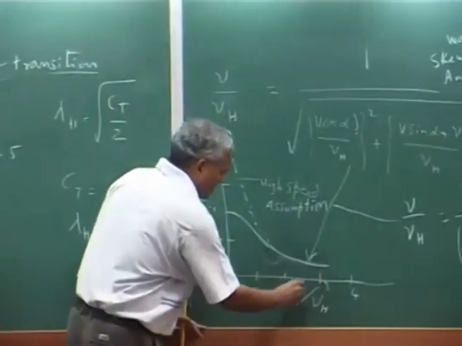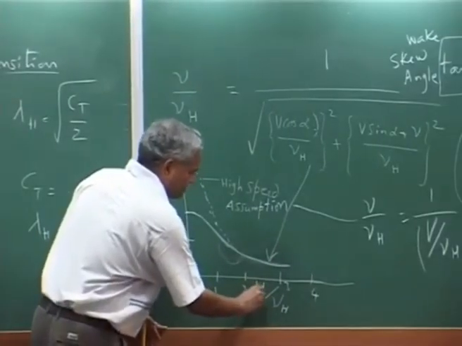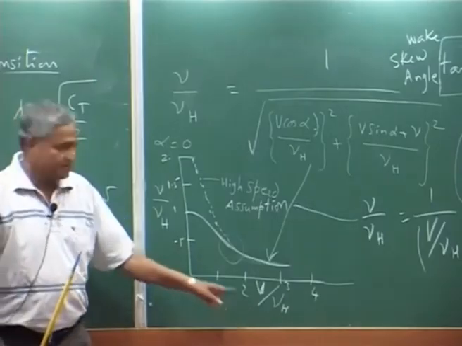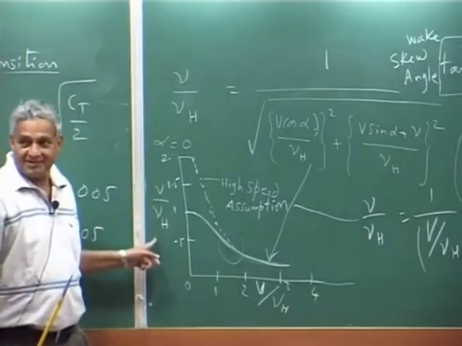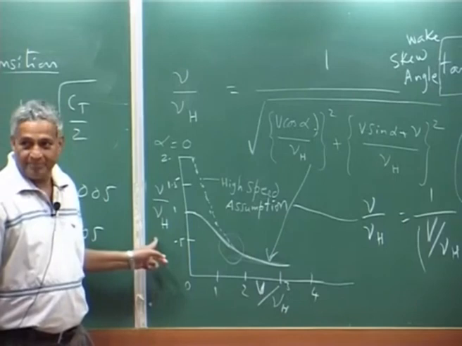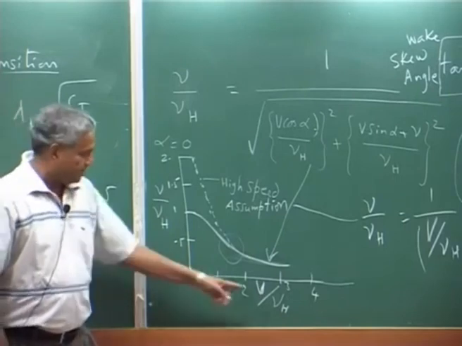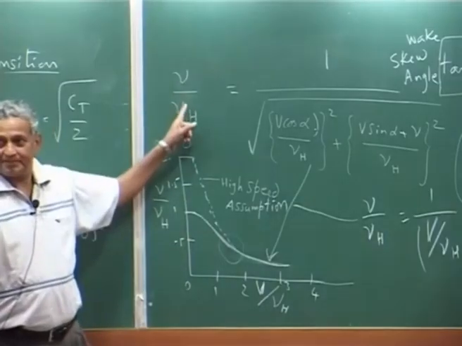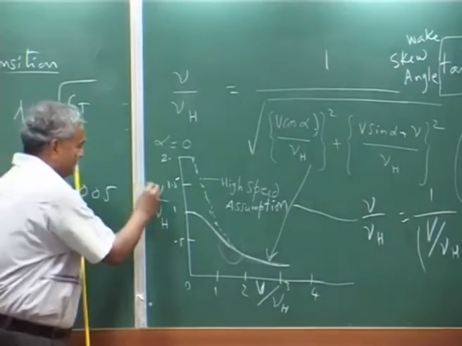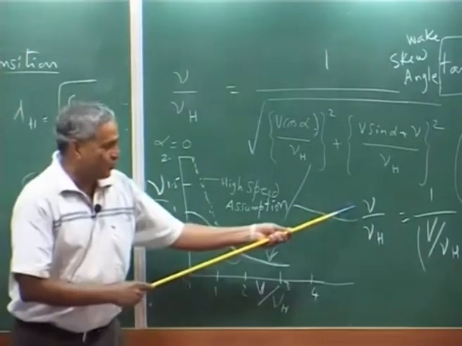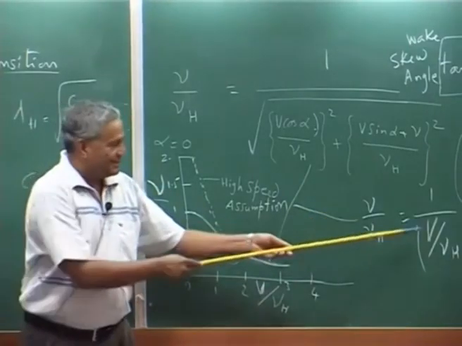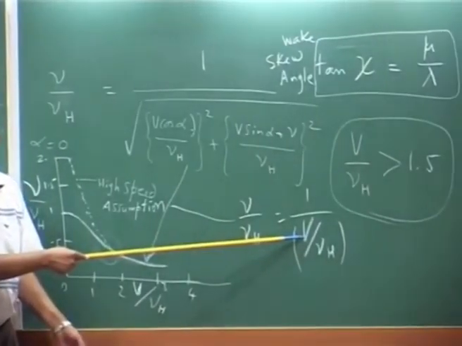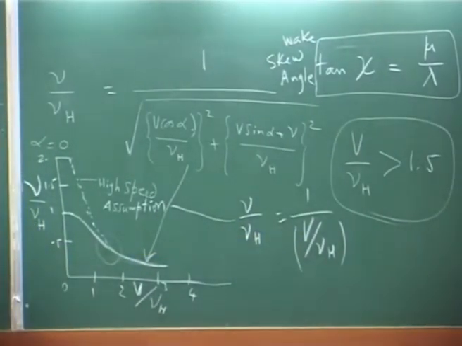No, this is V. This is nu over nu h. Yeah, when it becomes low, it shoots. This is nu. Hey, this is y. When it is 0, what happens? High speed is V is higher.